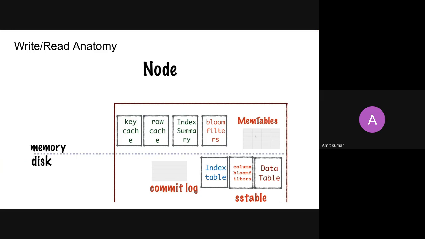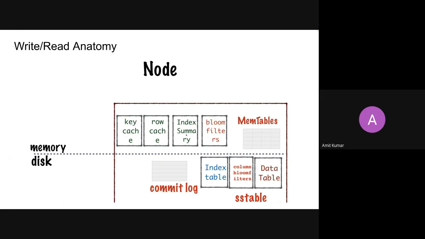But internally, based on some configuration, it also does the compaction. Whenever the mem table is full, after a certain defined interval, it will be flushed into the data table. When it is being flushed into the data table, it will retrieve the index summary.